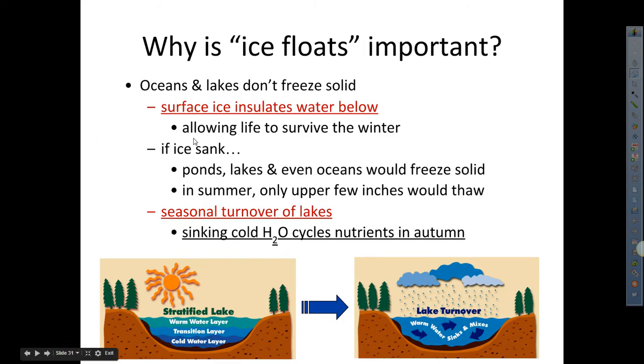However, it doesn't freeze all the way through. And that's because the ice is going to float on the top of the water because it is less dense. And also we get a seasonal turnover of lakes where as that ice melts, that cold water on top will sink and mix and kind of turn the nutrients over in the lake, making it a healthier lake.